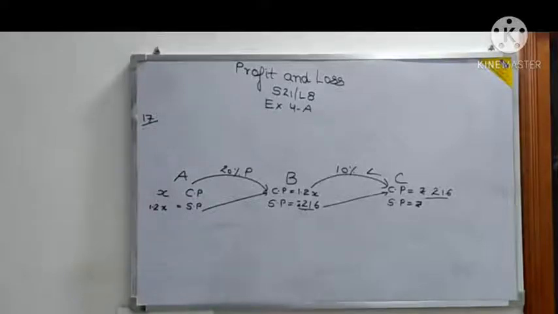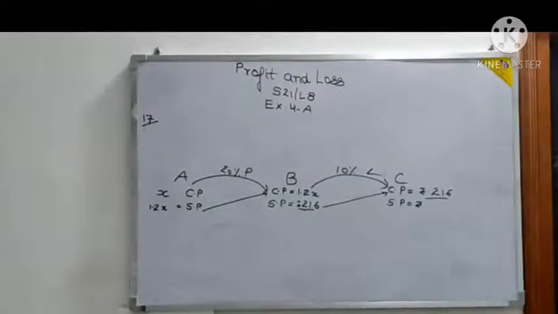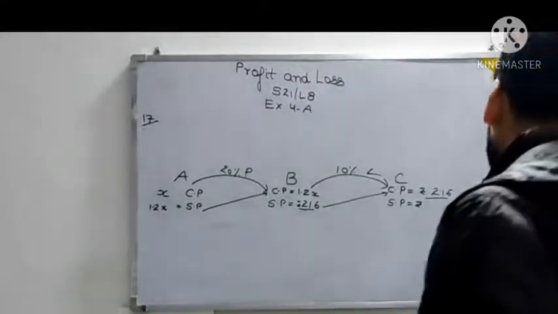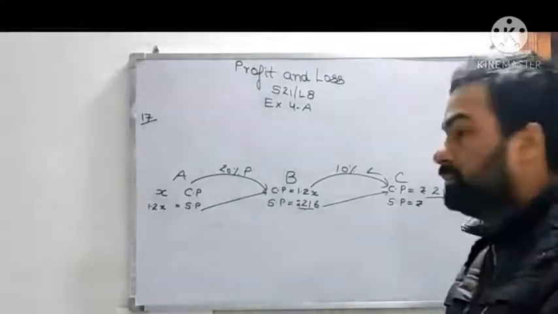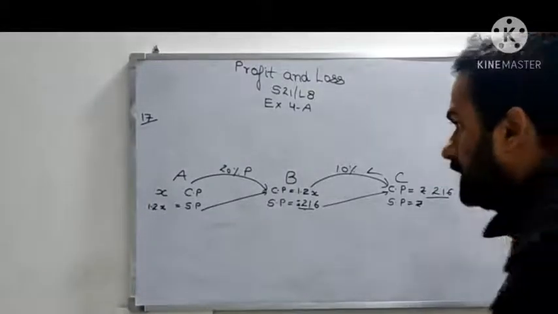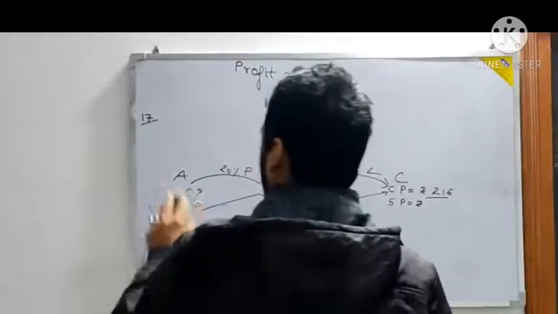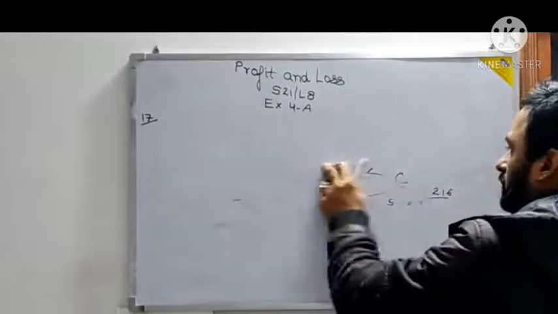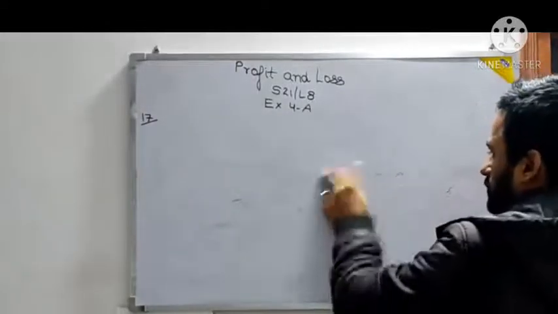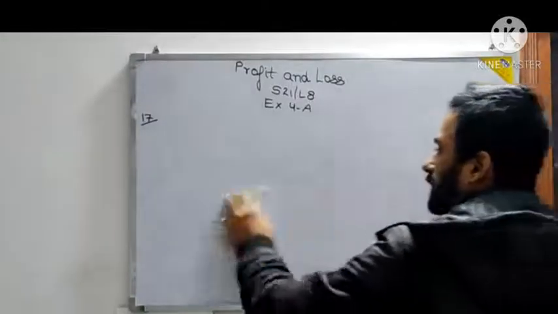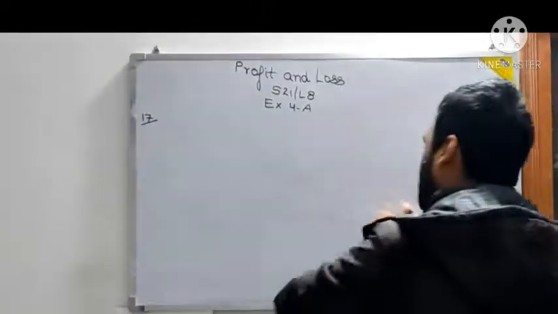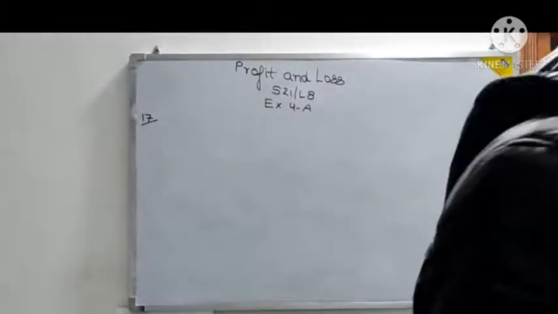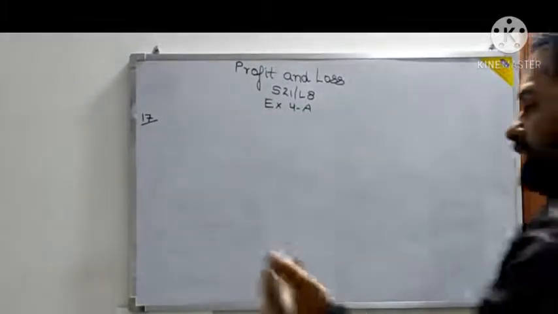So you can draw a diagram like this so that you can understand who is selling to whom and at what profit. If you are drawing a diagram like this, it will be very clear to you and you can clearly calculate and get 5 marks easily for this question. This should be a 5-mark question, considering the complexity level it carries.